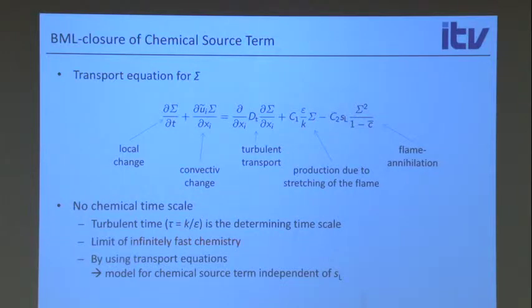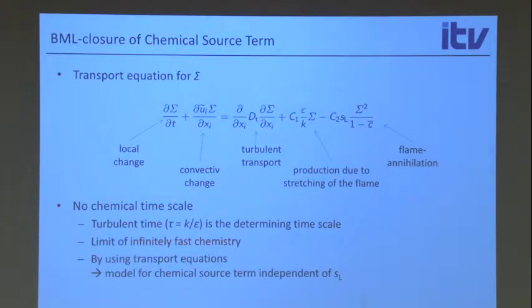And what's interesting about this is that this here also is the limit of fast chemistry. It doesn't know very much, this model. It doesn't know anything about the chemistry. There is an SL here, but you see that if I would multiply the entire equation here by SL, it would give me an equation for SL times sigma, okay, as one variable.